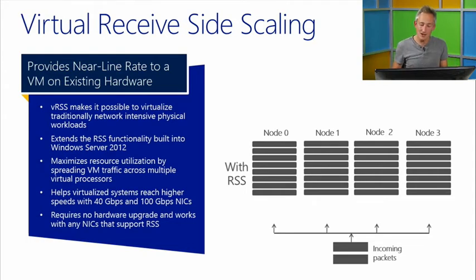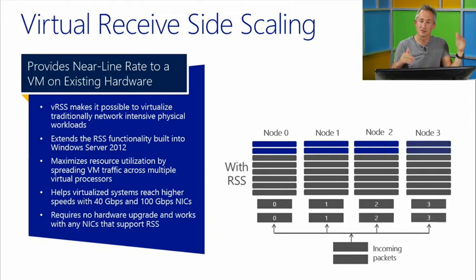But with RSS in the physical world, when packets come in, we balance the processing of those packets and that traffic across the different nodes in the system. So we get a more optimally configured system. It helps us maximize our resource utilization, especially as we go to 10 gig, 40 gig, 100 gig network systems, because the amount of traffic coming across those is phenomenal. And we need to balance the processing of that across the CPUs in the system.